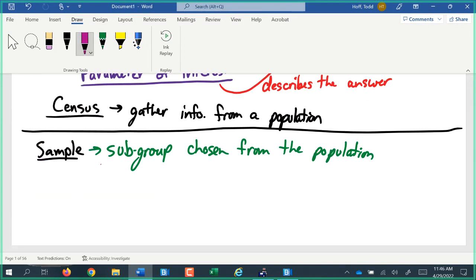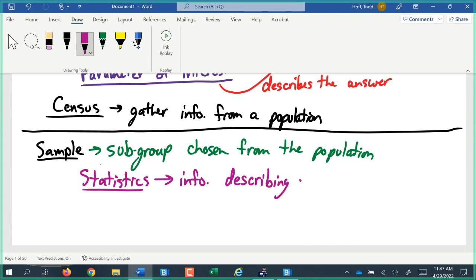Just like we have a parameter describing a population, we have a statistic. Statistics is information describing the sample. Now, just like with the population, there are a lot of statistics about that sample that we don't really care about.